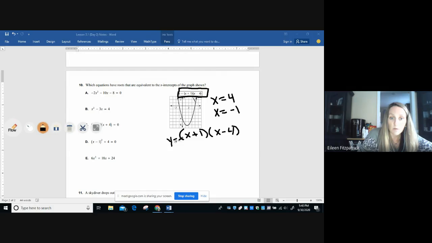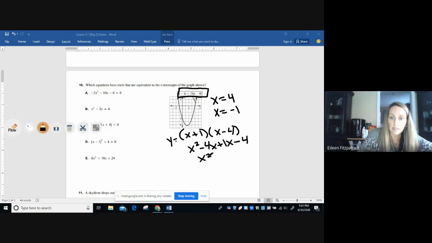Y equals x squared minus 4x plus 1x minus 4.